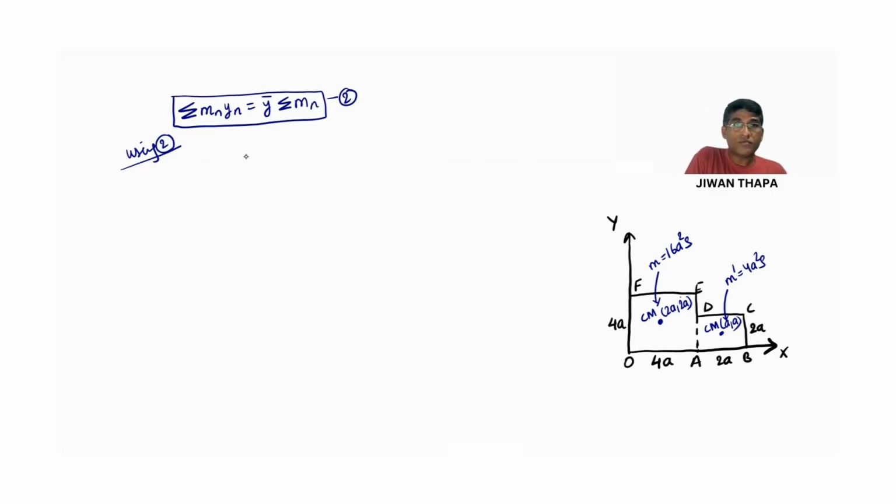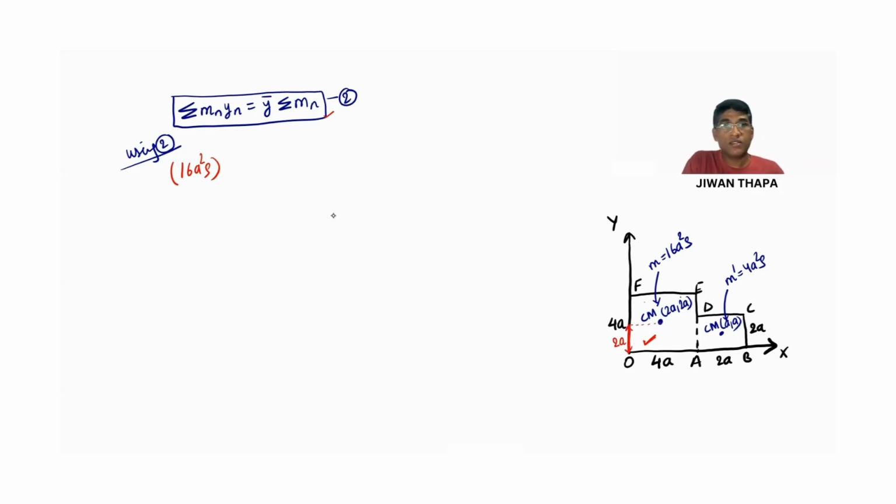Clear? Now what we do, let us use this equation. We first take this lamina. So mn is 16a square rho. And what is yn? The center of mass of this lamina is at this distance from the origin O, and this distance is twice a.